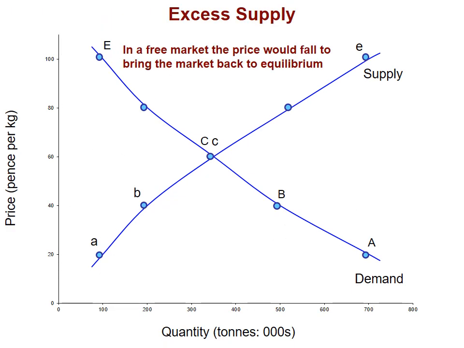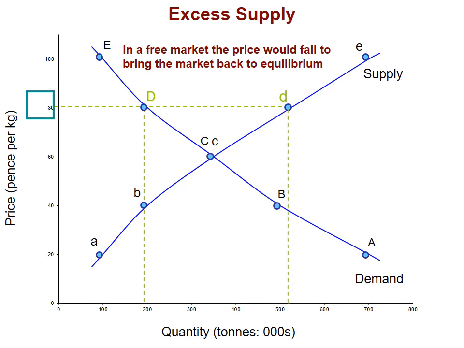So what happens in the free market, and why people advocate for the free market, is because of what the free market does to this concept of equilibrium. In the free market, if we have excess supply, the prices would fall to bring the market back to equilibrium. Take a look at this example. If we have a price of 80 pence per kg, what's going to happen to supply?